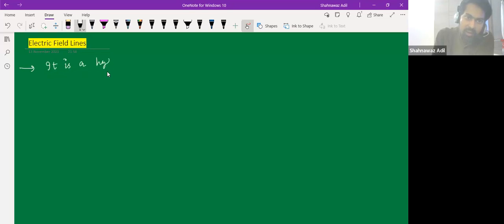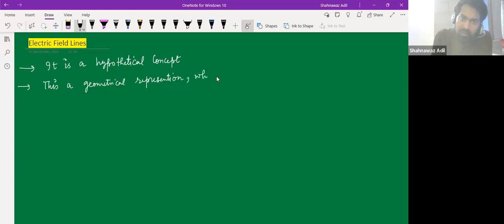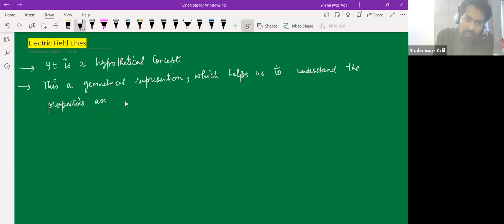It is a hypothetical concept, and this is a geometrical representation which helps us to understand the properties associated with the electric field, right?